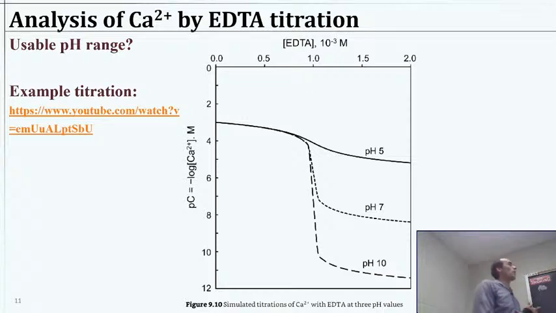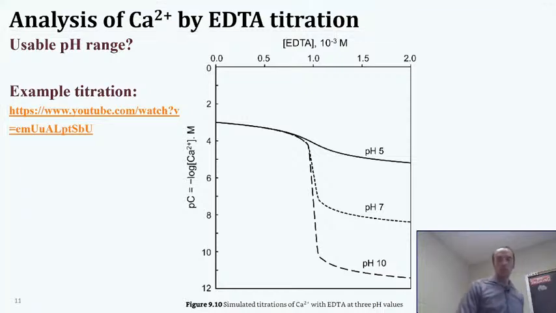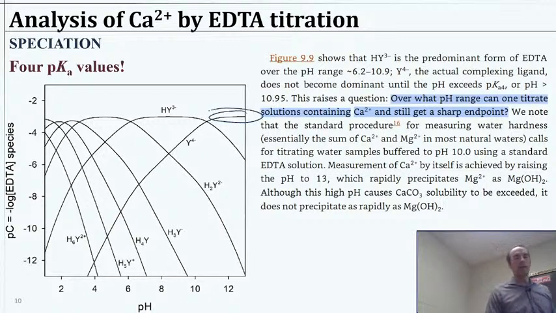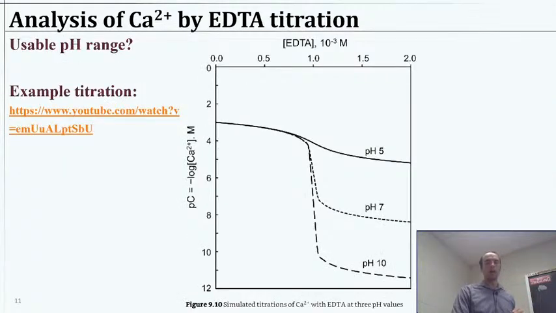The question is, at what pH can we do this? Can we use EDTA to complex calcium? That is going to come from looking at when the actual complexing agent is active and to what extent this species matters. Well, we can check at a few different pHs, check this titration and see what happens.